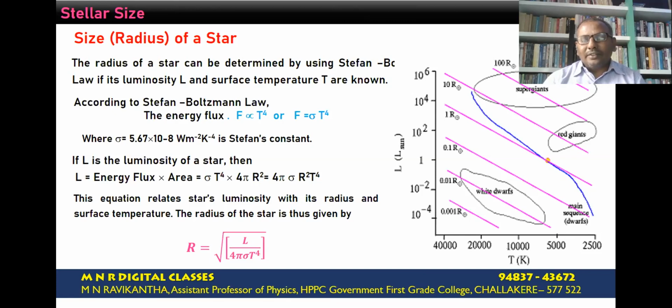This forms the main sequence stars, red giants, supergiants. Red giants have a size approximately 10 times the solar radius. Supergiants are 100 times to 10,000 times the solar radius. This picture clearly gives us the size of different types of stars: main sequence, red giant, supergiant, white dwarfs.